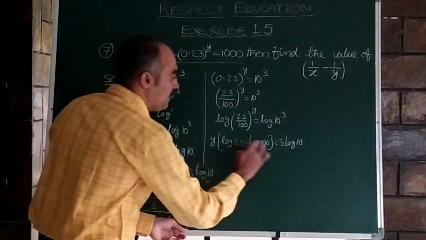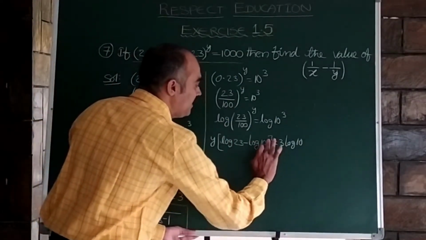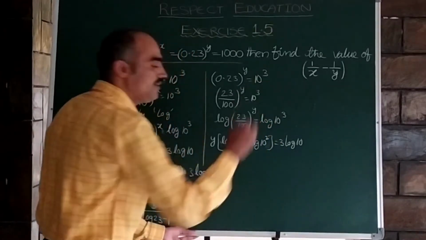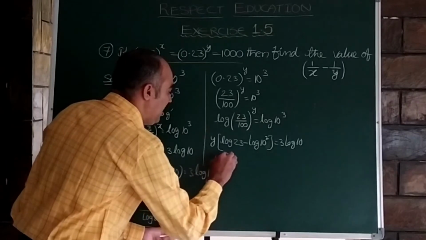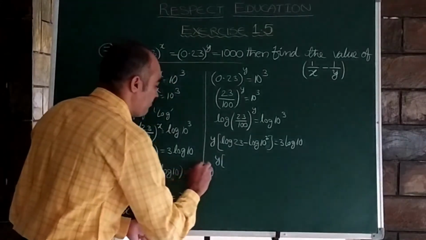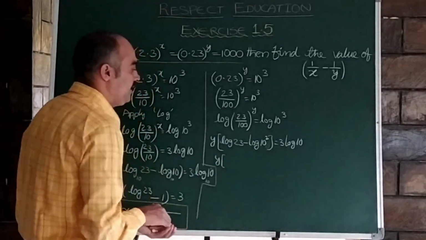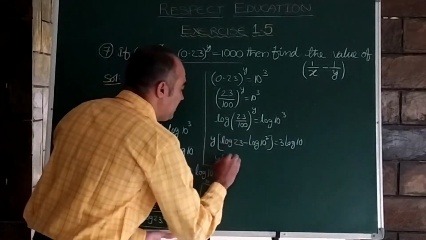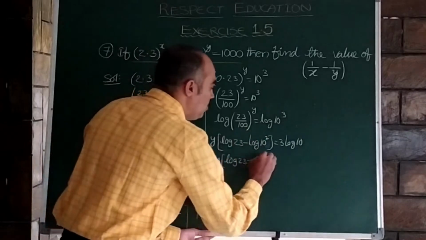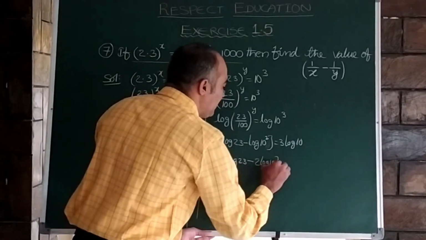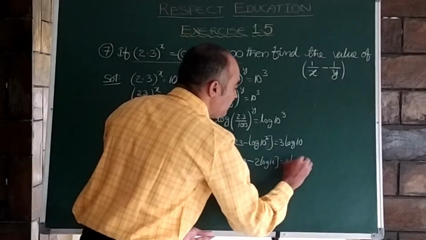See here, children, I am writing 100 as 10 square, right? So this 2 comes forward: y times log 23 minus 2 log 10 is equal to 3 log 10, right?